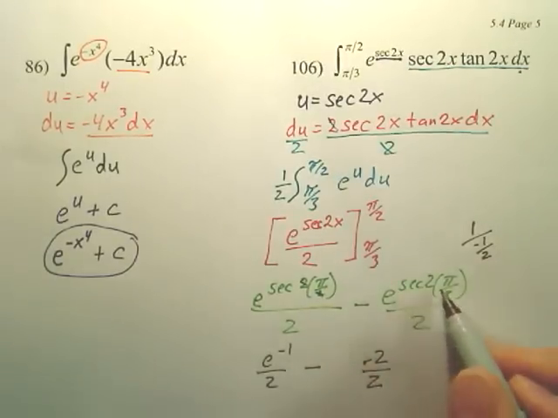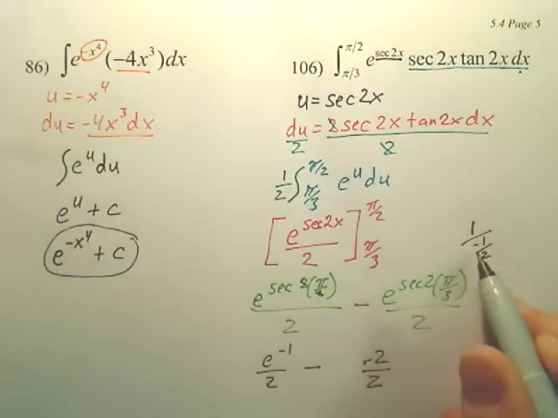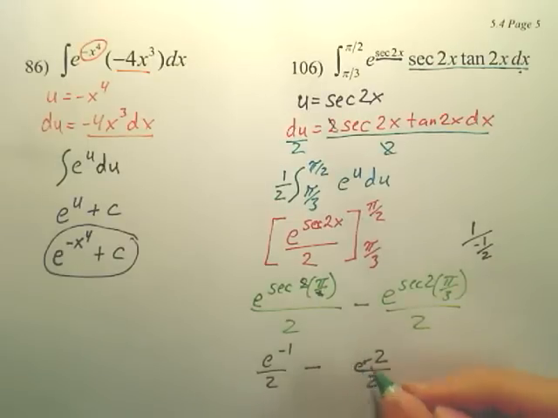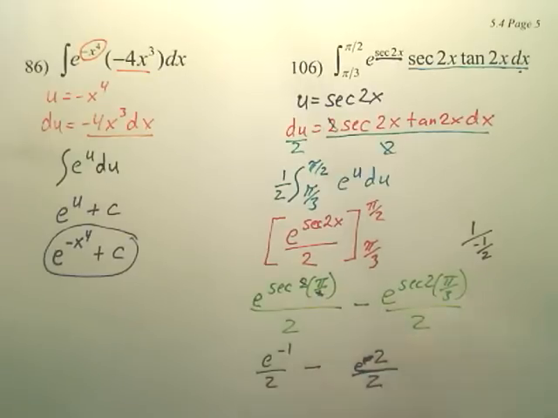Again, cosine 2/3 pi is negative 1/2. Secant would be 1 over that. When we simplify this down, e to the negative 2. So you have e to the negative 2 power over 2.